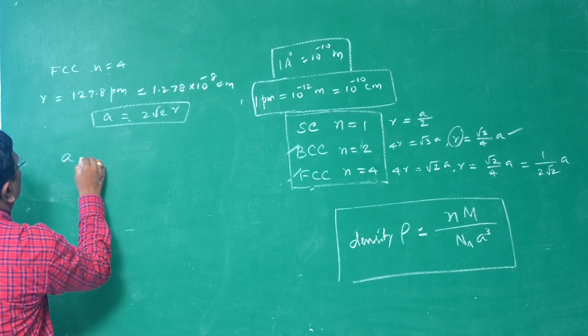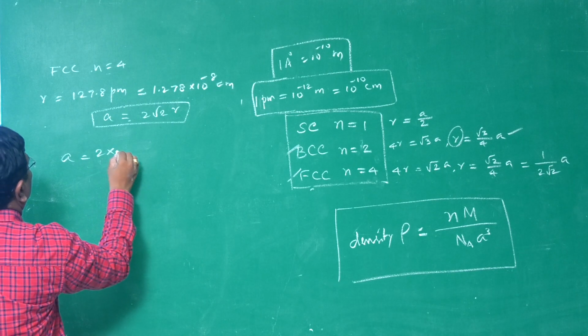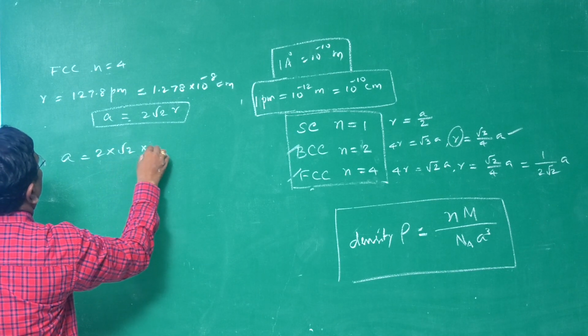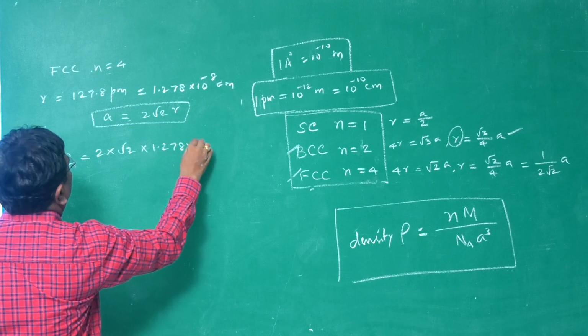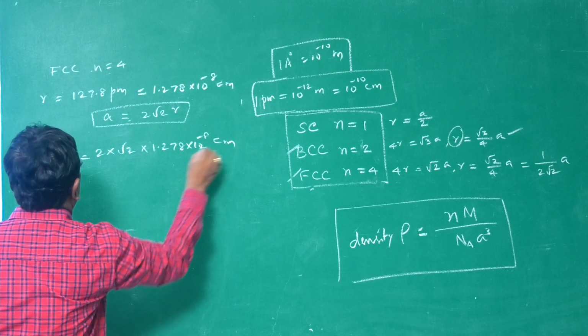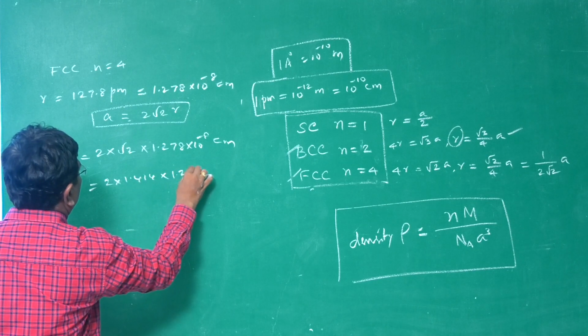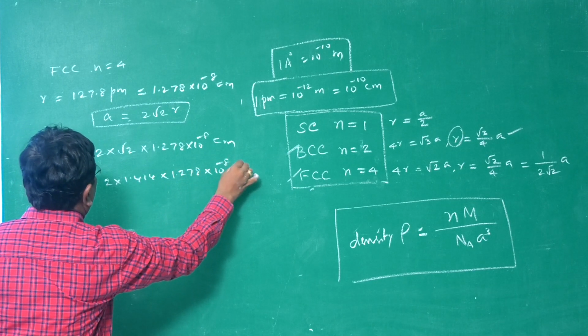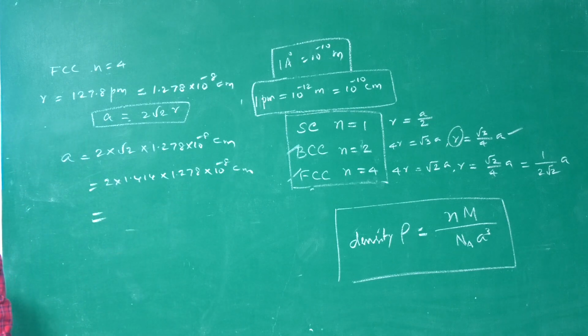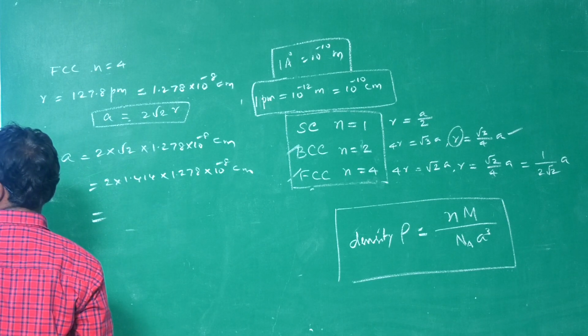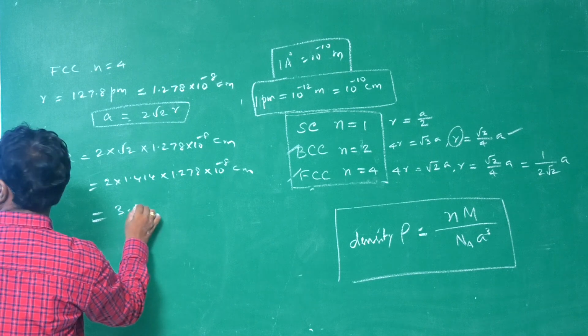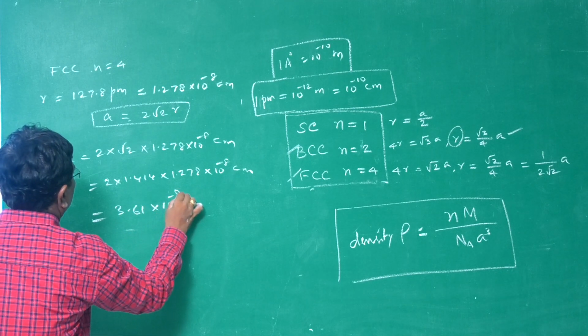So, A is equal to 2 into root 2 into 1.278 into 10 power minus 8 centimeter. That you have to calculate. 2 into 1.414 into 1.278 into 10 power minus 8 centimeter. So, A we have calculated, which is found to be 3.61 into 10 power minus 8 centimeter.